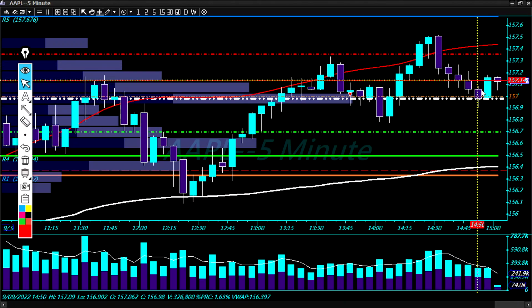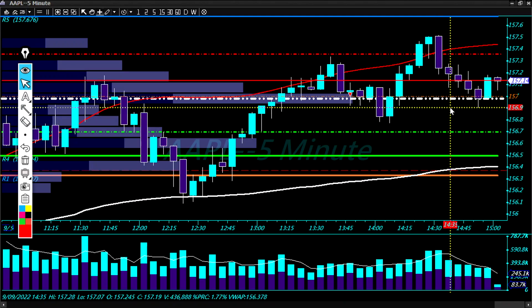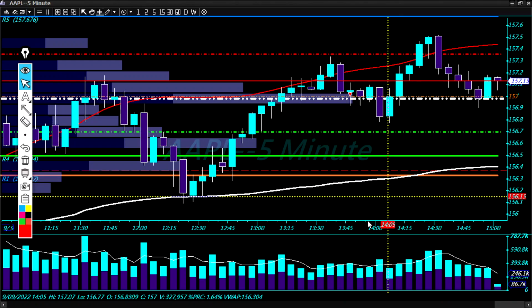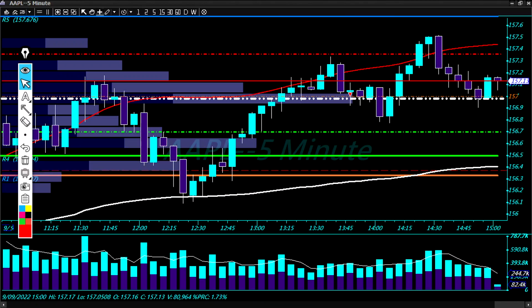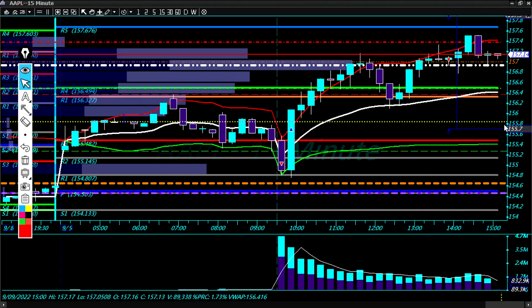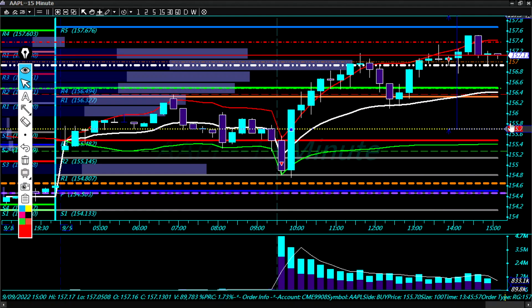Going back to the 5-minute chart, this price action is not looking too good for me, but I could still hold on because, looking at the level 2, I'm thinking we're probably going to pull back this afternoon. My take profit is at 155.70. That might be a little too ambitious, so I might pull it back to a level here.